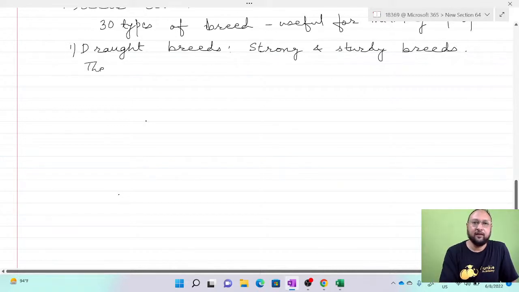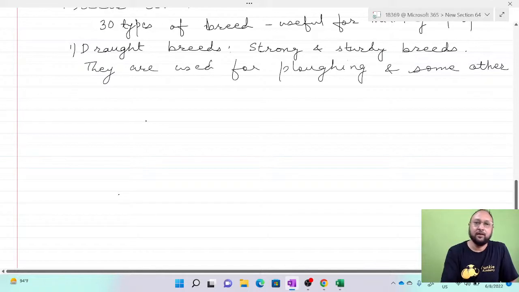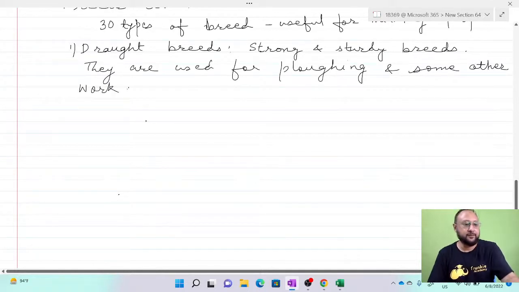They are used for plowing and some other work.